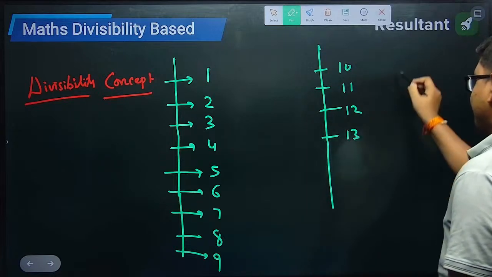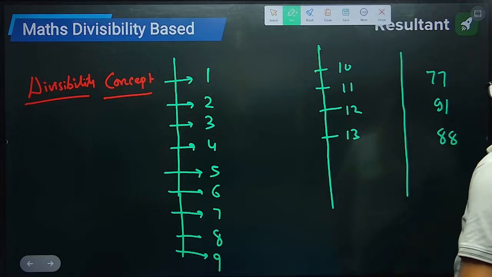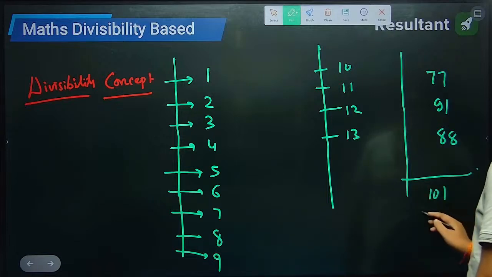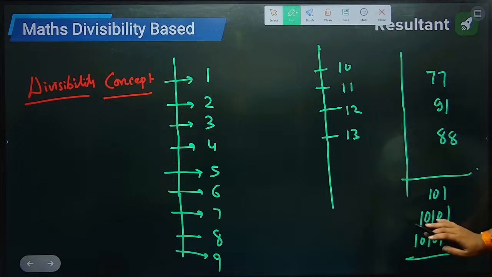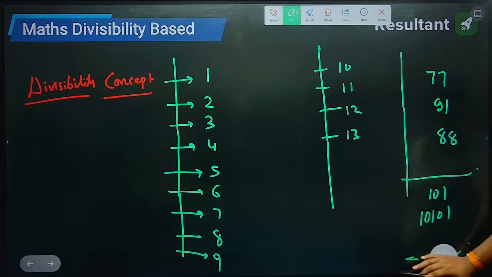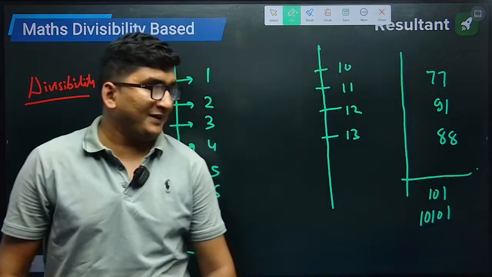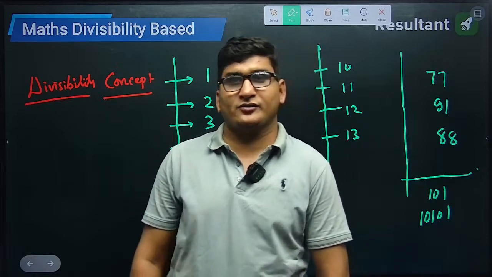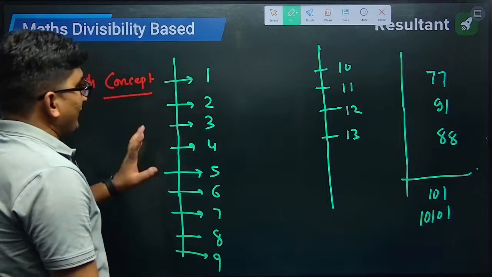After that 77, 99, 88, like 101, 10101, 1010101. Okay, so that is enough. There are such numbers having direct questions in the examination using the divisibility concept. Now we will discuss one by one.